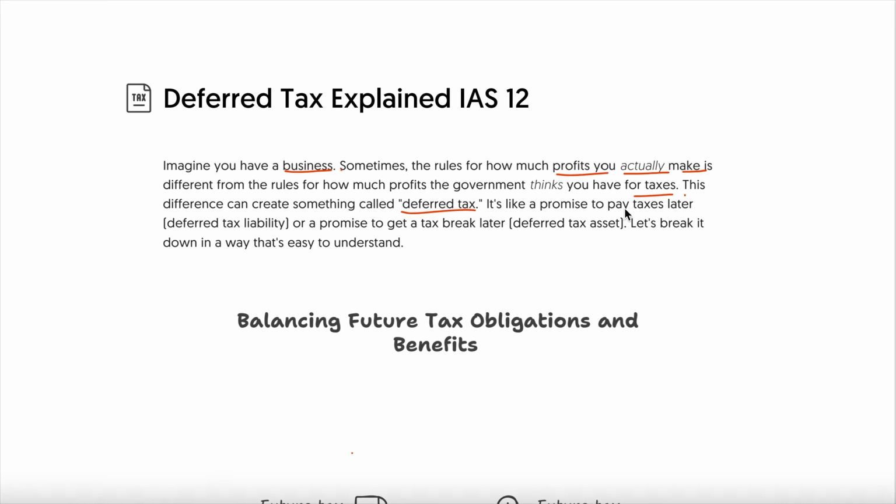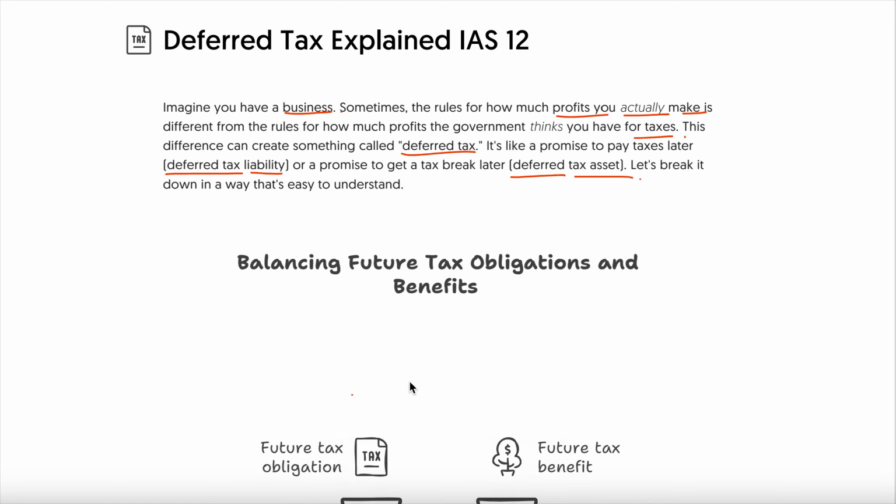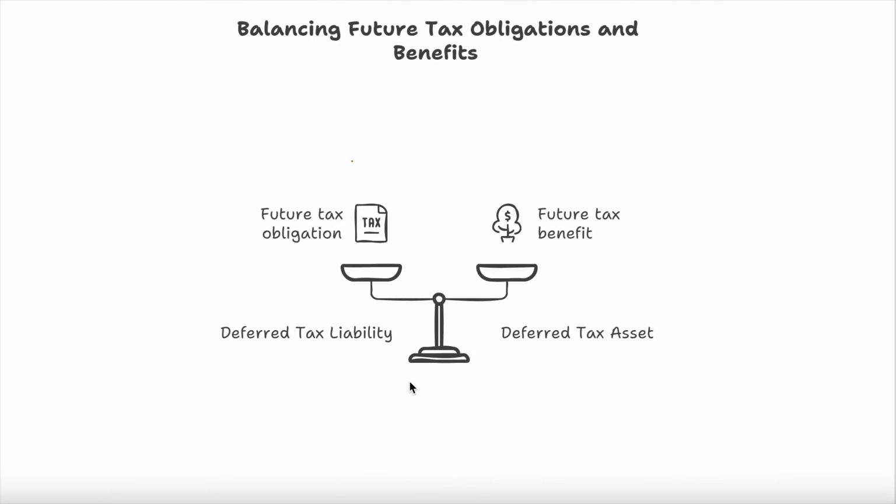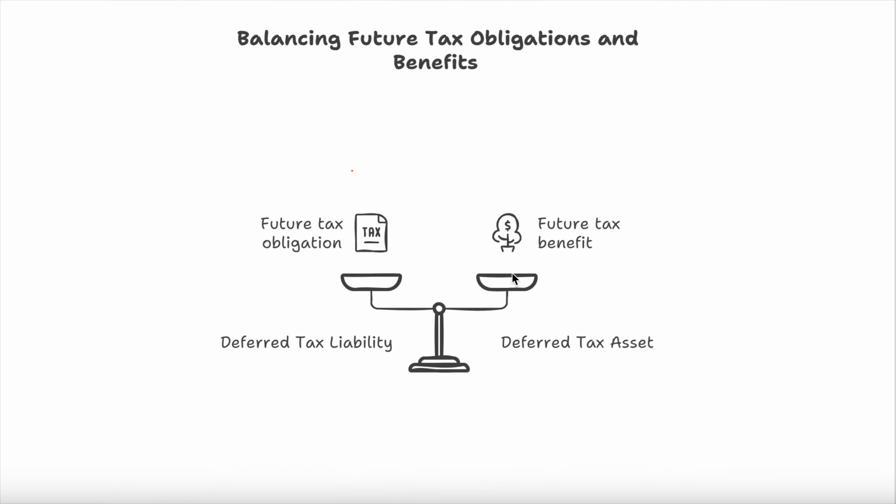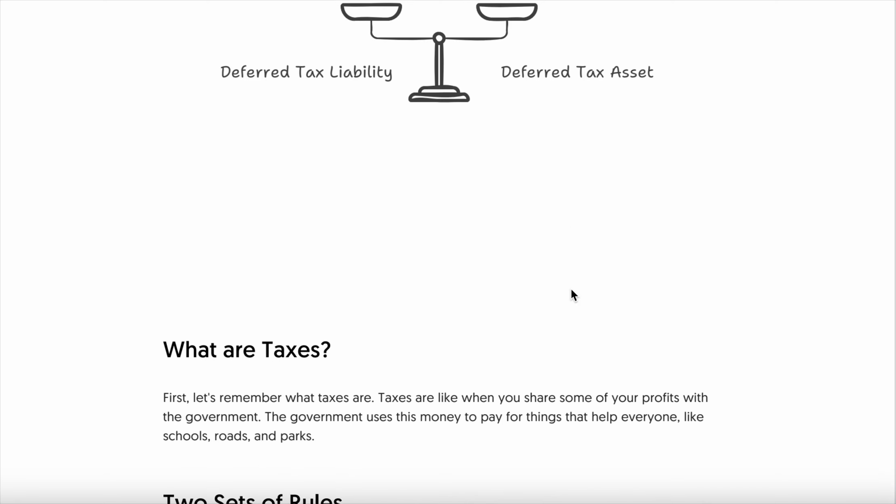So it's like a promise to pay taxes later, which is deferred tax liability, or a promise to get a tax break later, deferred tax asset. So let's break it down very nicely. As you can see in this diagram, future tax obligation will be your deferred tax liability. Future tax benefit will be your deferred tax asset.